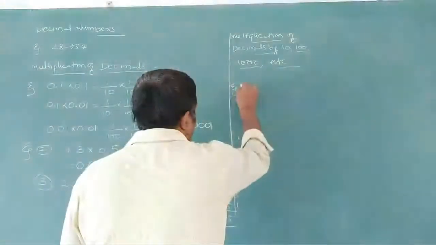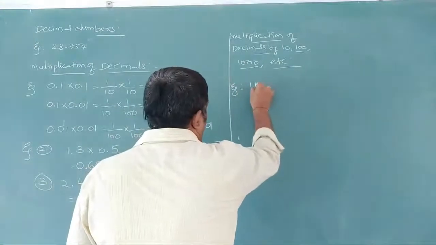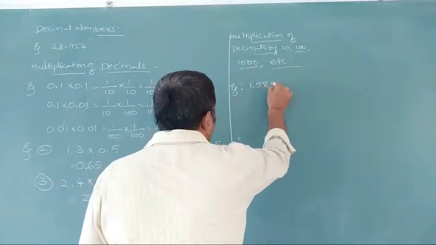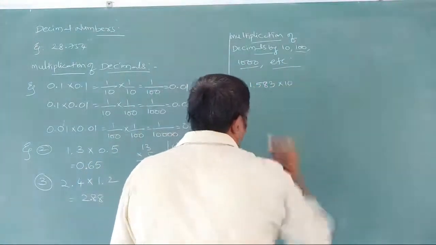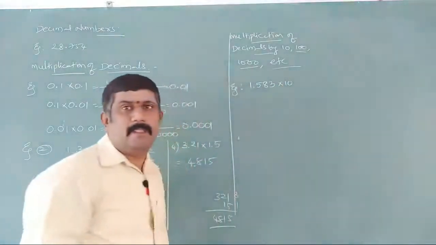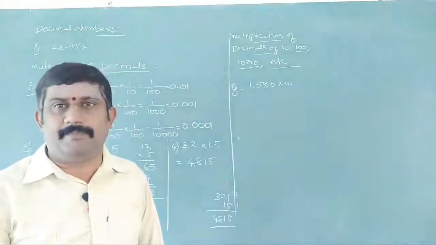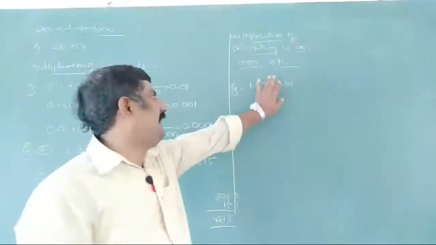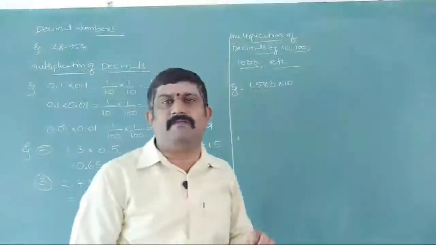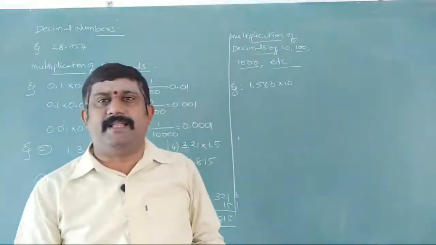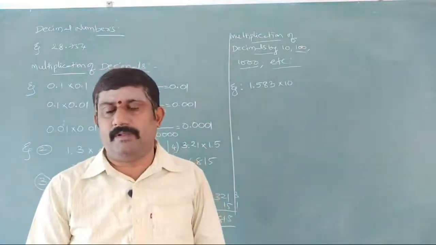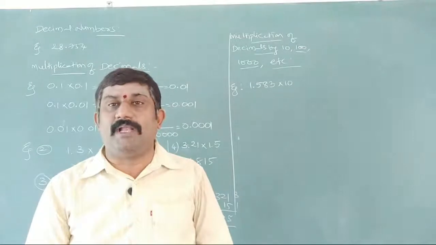First of all, 1.583 into 10 I am doing here. Okay, forget about this 83. First of all, we have 1.5. Like this, how many are we taking? 10 we are taking.